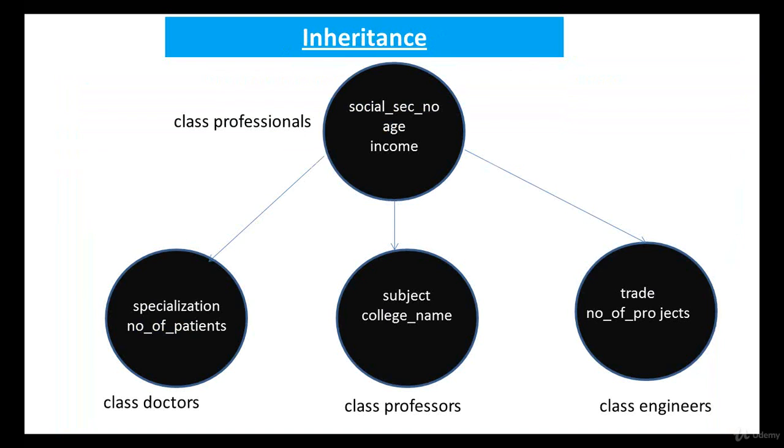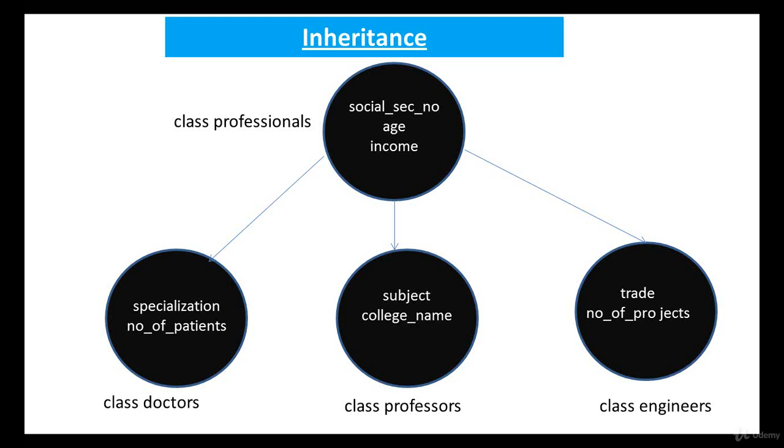Now we come to the second feature of OOPS, which is inheritance. As far as inheritance is concerned, there are situations when there are some classes having specific properties, but they share some common data and common methods.